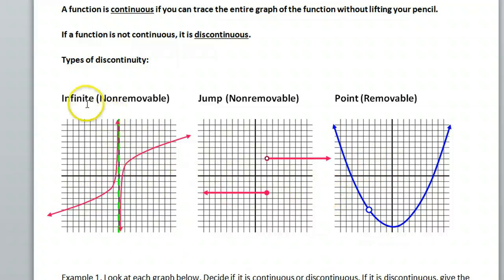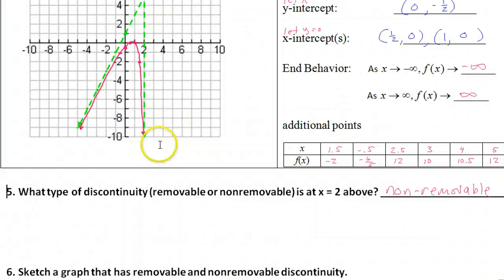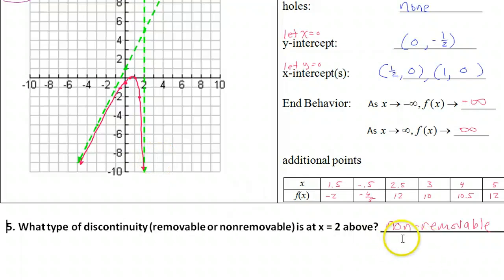We talked about infinite discontinuities, that's your asymptotes, jump discontinuities, and point discontinuities, that's your hole. Only one of those is removable. Alright, a point discontinuity is considered removable. The other 2 are non-removable. Alright, so asymptotes are non-removable discontinuities. So x equals 2 is an asymptote, so that's why it is non-removable.